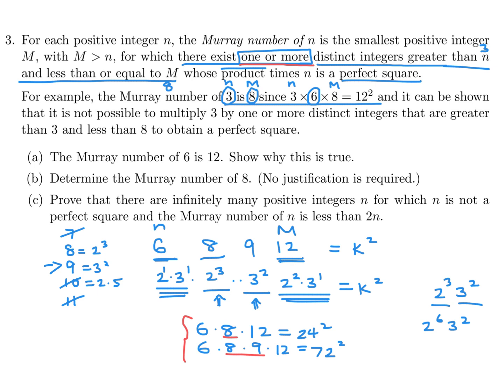So in the first one, there's one distinct integer greater than n and less than m, whose product is a perfect square. And then the second scenario, there's two distinct integers that are greater than n and less than or equal to m. Interesting. Whose product times n is a perfect square.